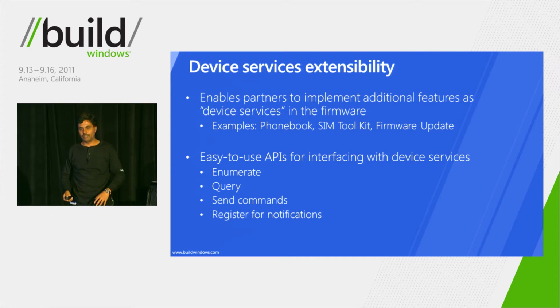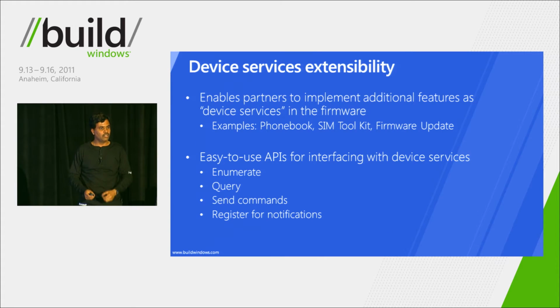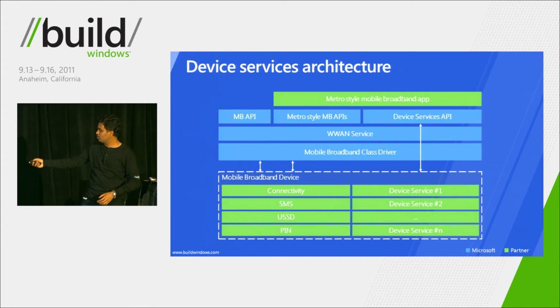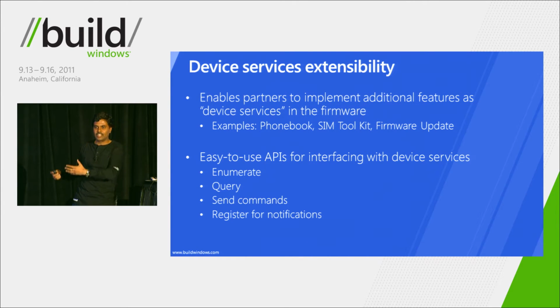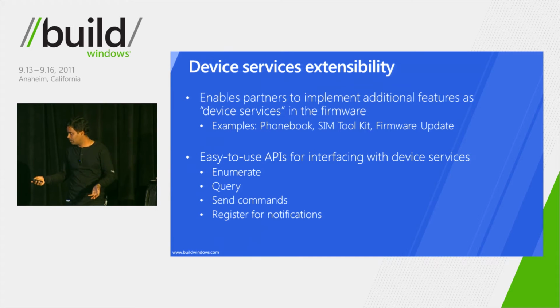You can do firmware update, you can do assisted GPS, I can list a whole lot of things, and so on and so forth. All we are doing is providing you with a set of easy to use APIs to interface with the device services. For example, we are providing basic APIs: enumeration of the different device services, query the device service states, send commands, and register for notifications.